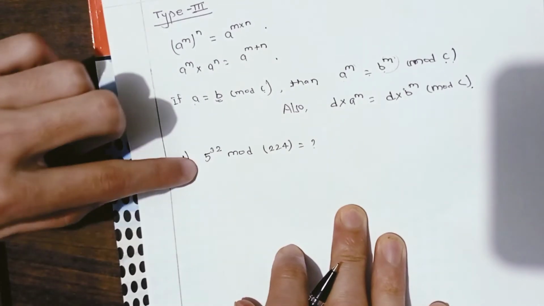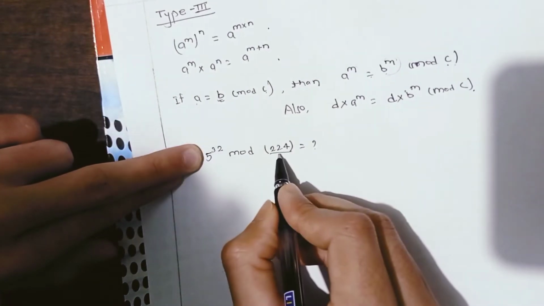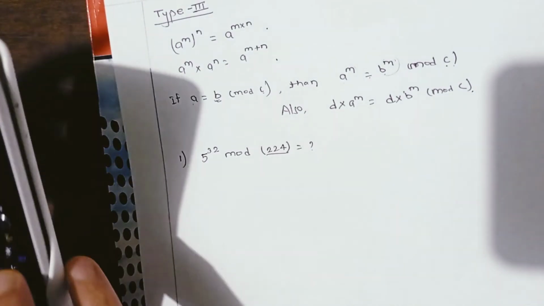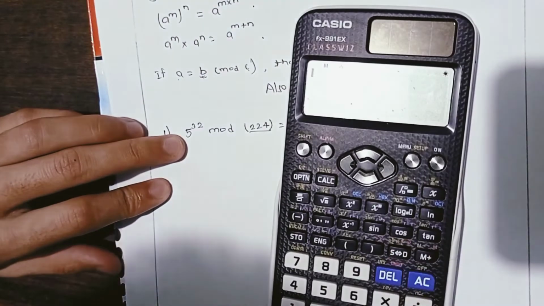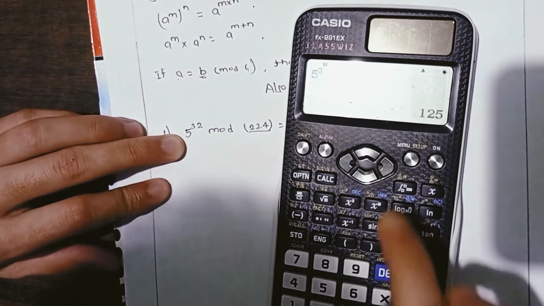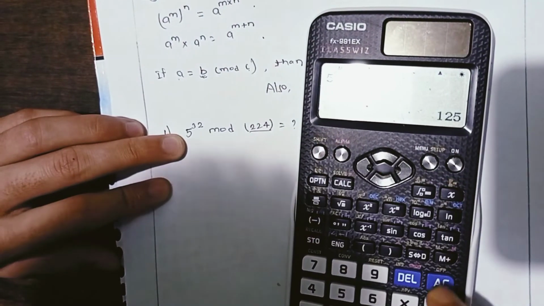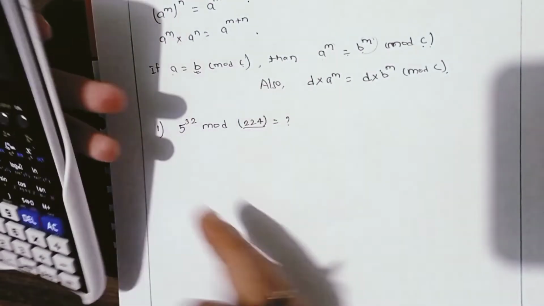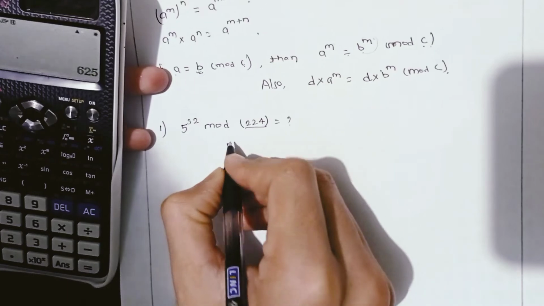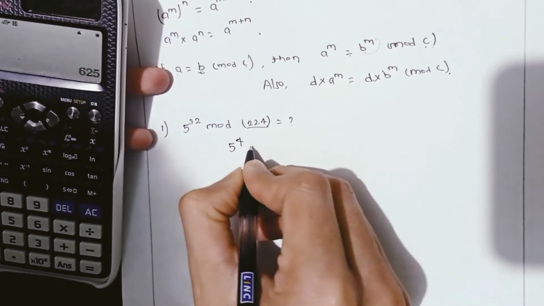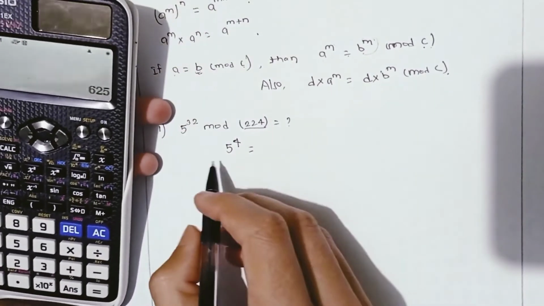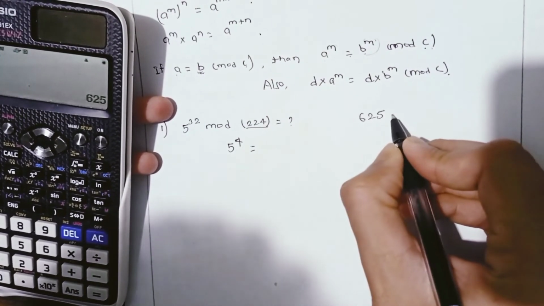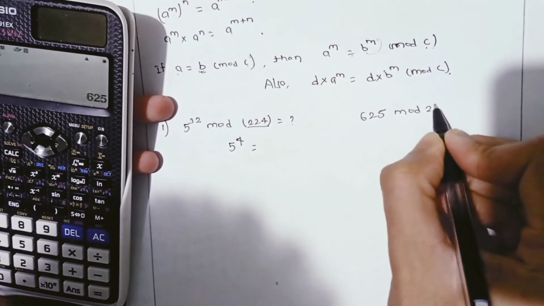For this, I will start with a number that is near to 224 or greater than this. 5 to the power 3 is 125, which is smaller, so I will try 5 to the power 4, it is 625. First find 625 mod 224.